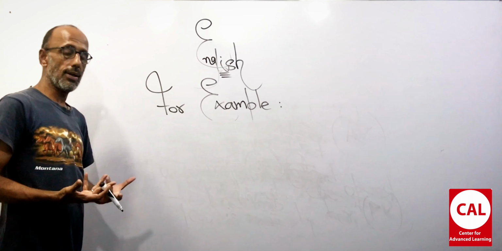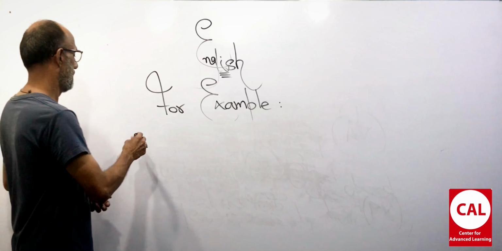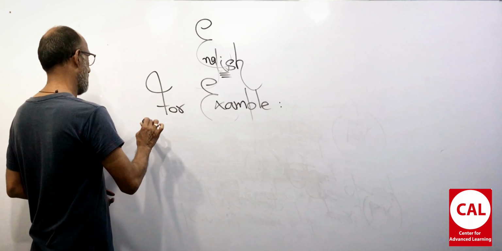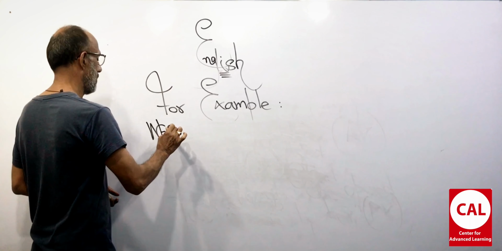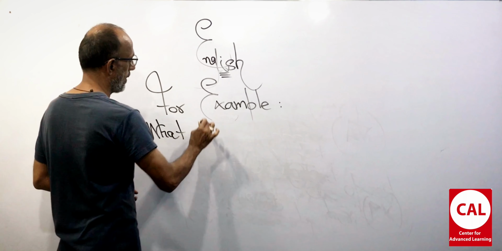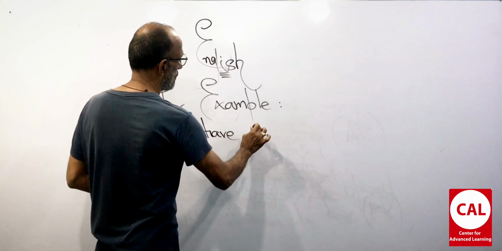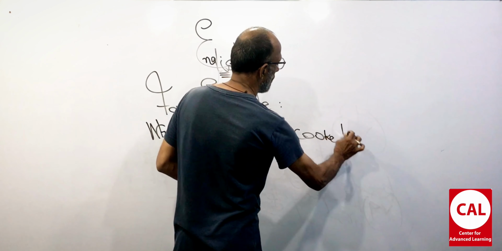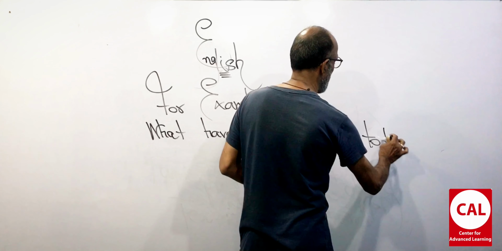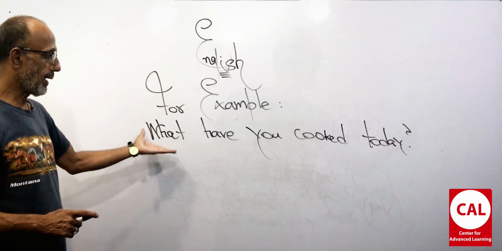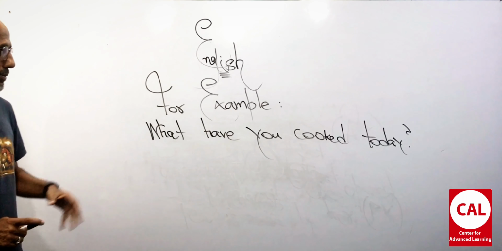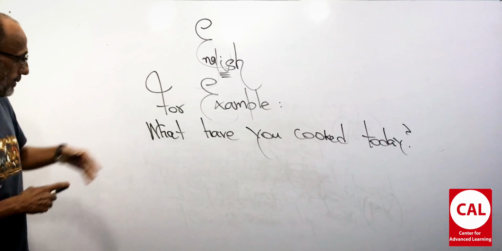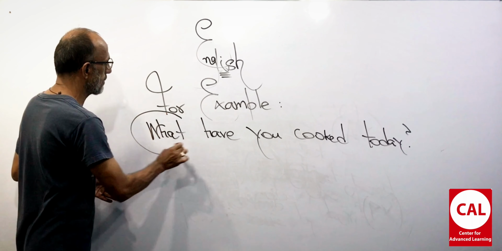In some WH questions, we have different ways to change from active to passive. For example, I make a sentence: what have you cooked today? What have you cooked today? So in this case, how do we change from active to passive? In this case, this subject becomes what?